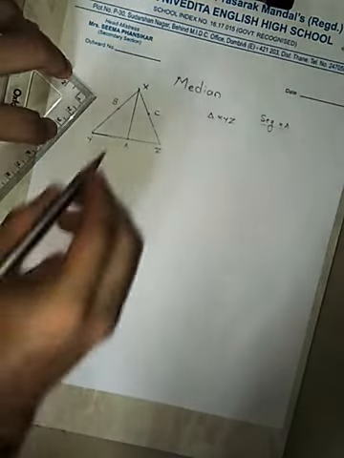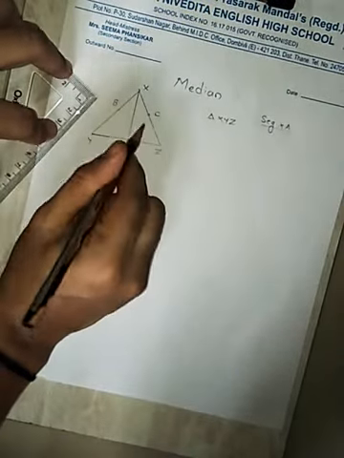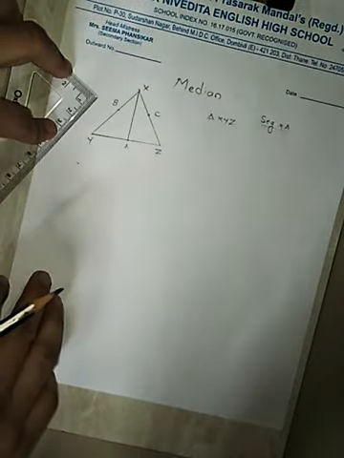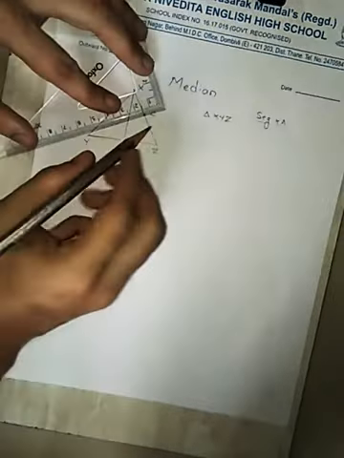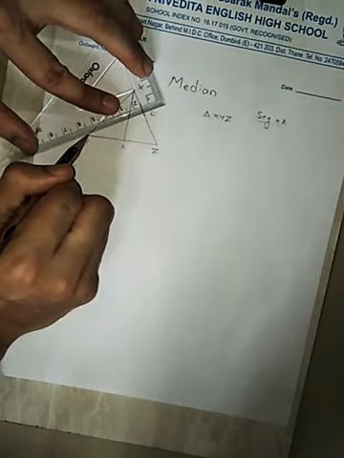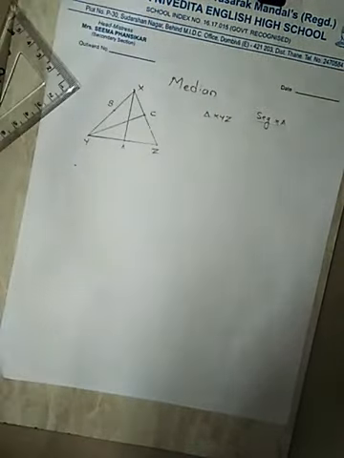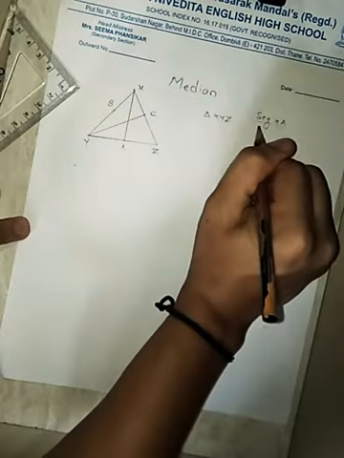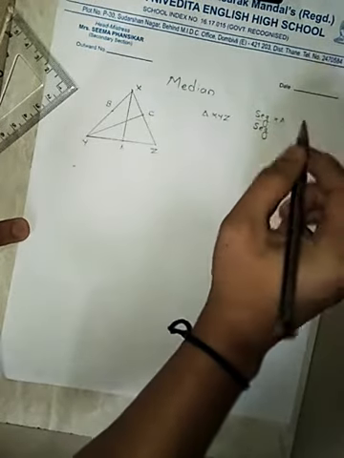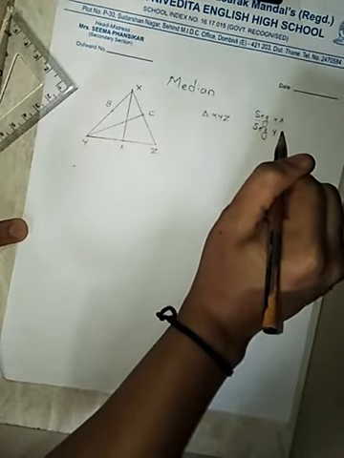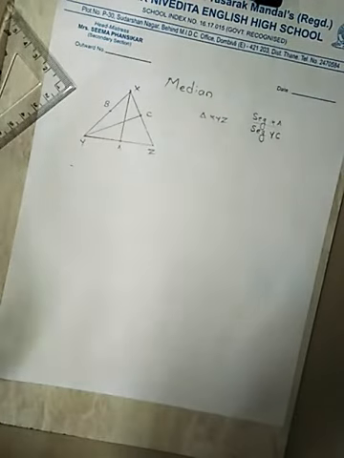Okay, so the second point I choose is point Y. What is the opposite segment of Y in the triangle? XZ. So let's join point Y to C, which is the midpoint of XZ. So I got my second median. Here I am writing segment YC, which is my second median.